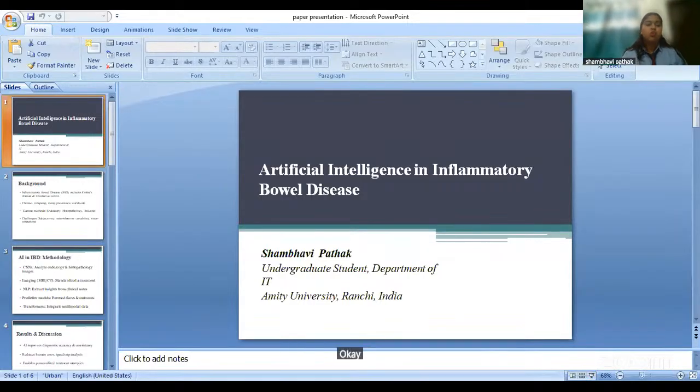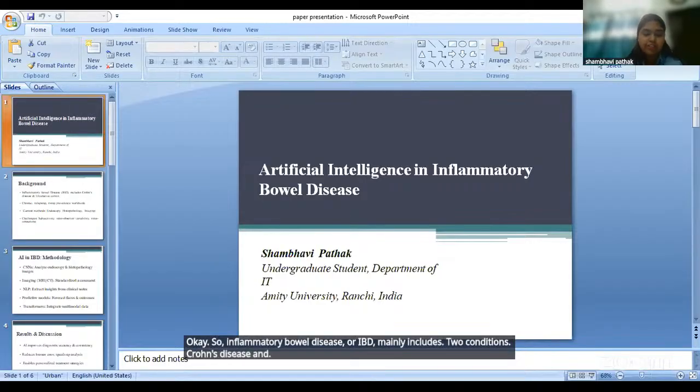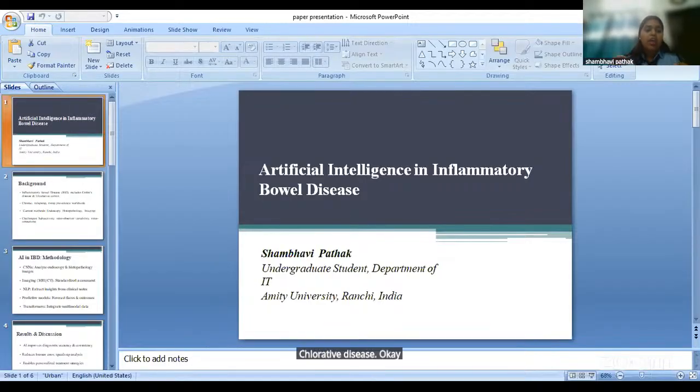Inflammatory bowel disease, or IBD, mainly includes two conditions: Crohn's disease and ulcerative colitis. It is a long term illness that keeps coming back and makes life very difficult for patients.